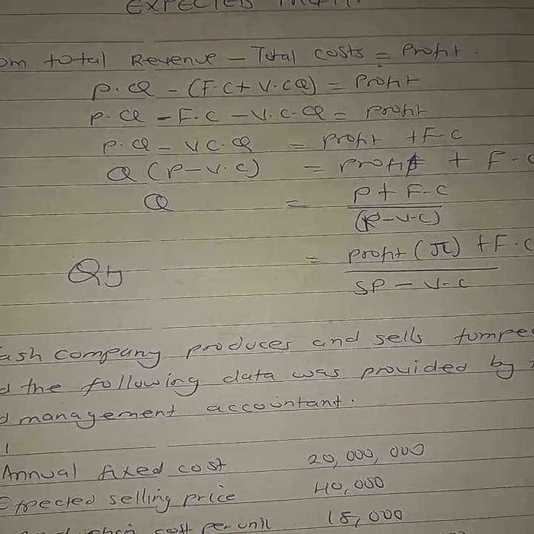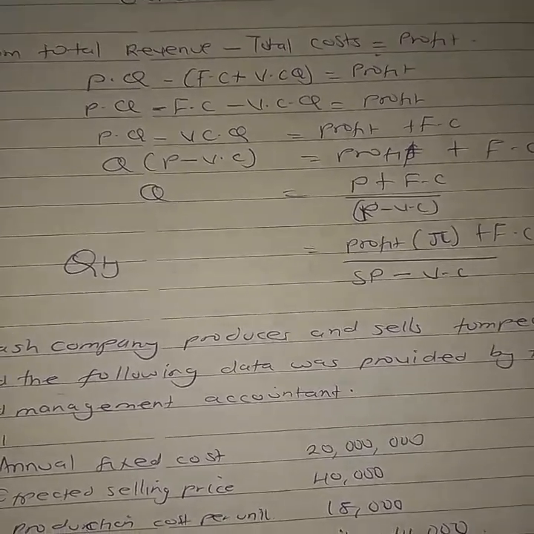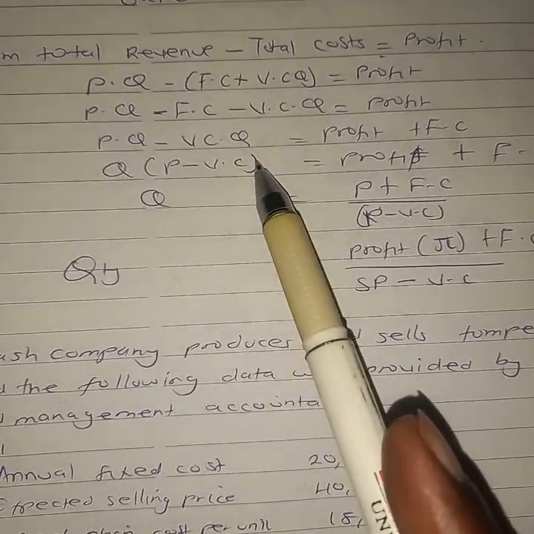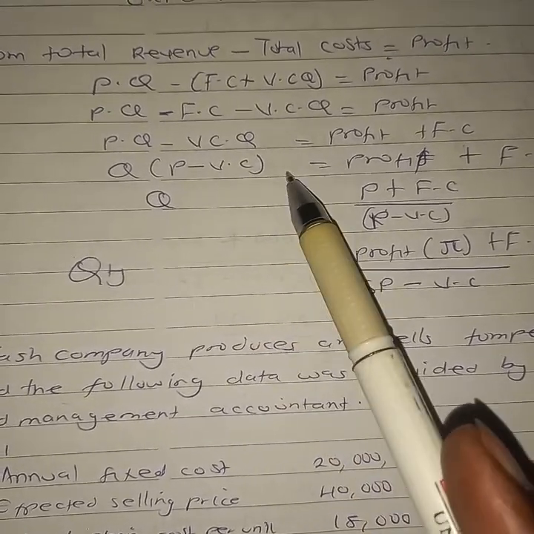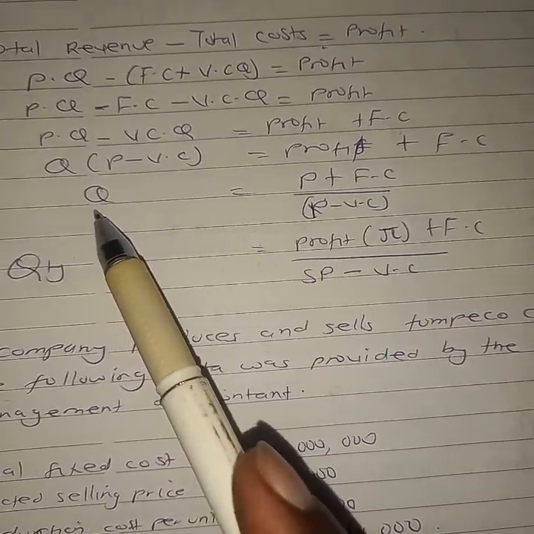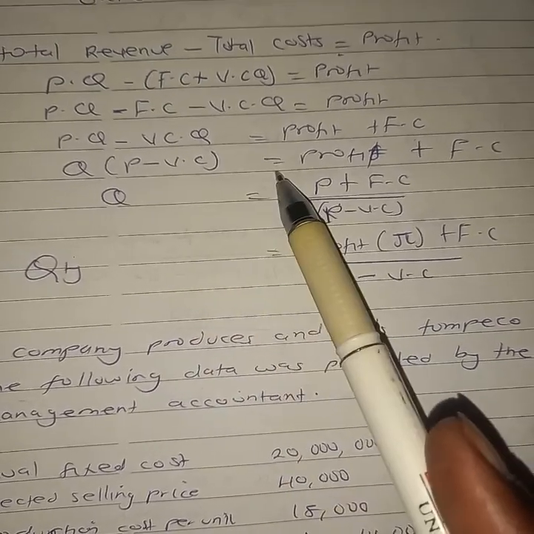After taking the fixed cost to the other side, we remain with the price and the variable cost in the bracket.